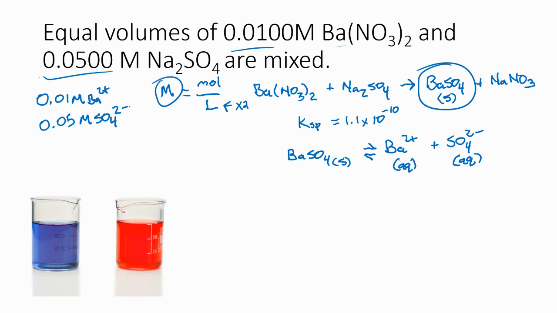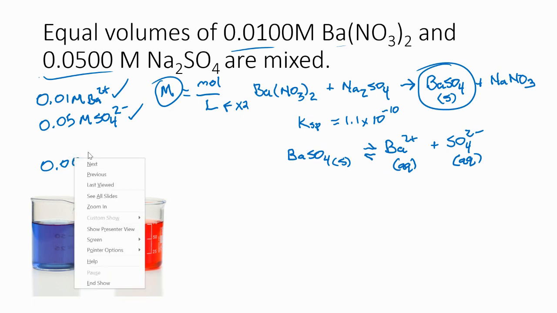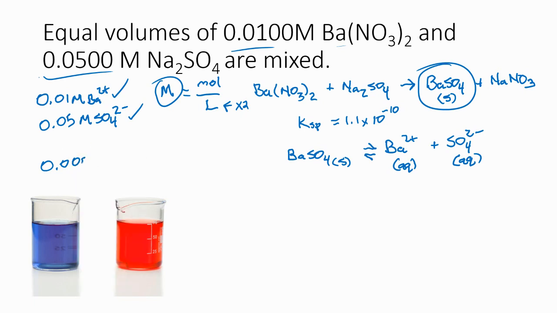Well, what does that mean for my molarity? My molarity actually gets cut in half. So I may have started with 0.01 molar barium, and I may have started with 0.05 molar sulfate, but by mixing them together, the volume doubles and the concentration gets cut in half. So now I have 0.005 molar barium.